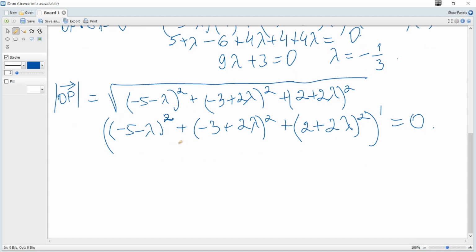How to find the derivative? You can definitely open parentheses and get a quadratic expression, but now we can apply the chain rule.